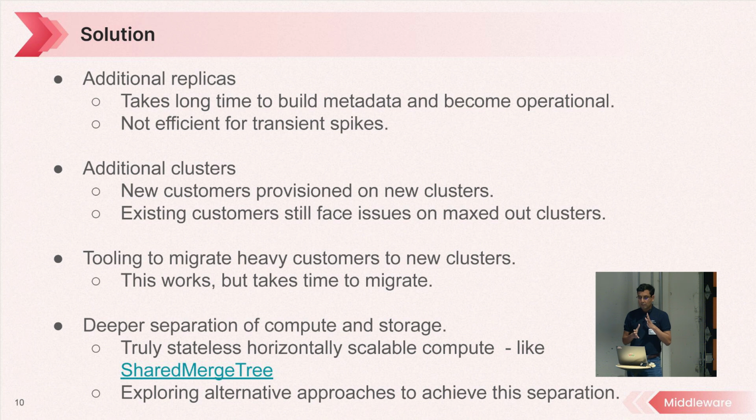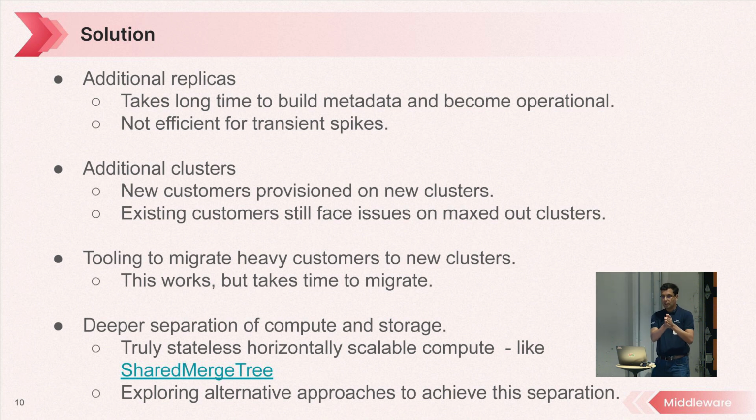Looking at all this, what we ideally need is a separation of compute and storage. It's a deep separation, where compute should be stateless. And we are using similar principles in our Kafka. The Kafka that you saw is not Apache Kafka, but a solution called WarpStream, which is a stateless Kafka.